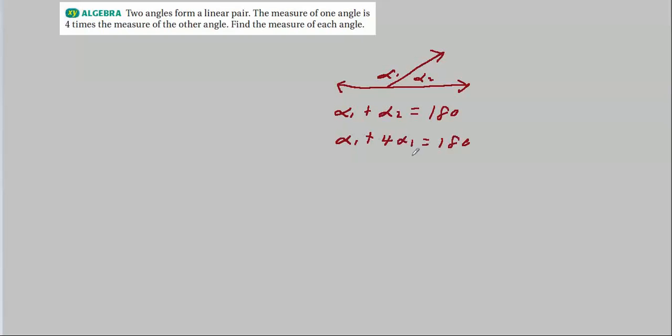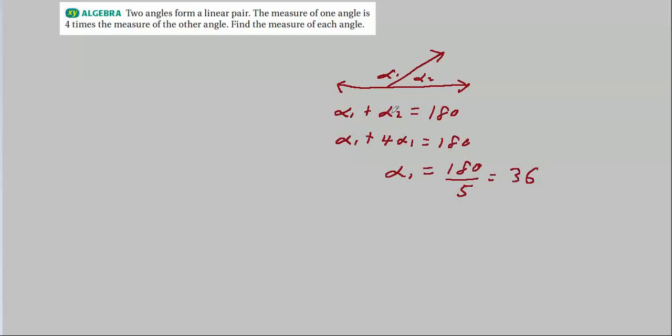180. Well, we add these up and get 5 times alpha 1 equals 180, or alpha 1 equals 180 over 5, which I think is 36. That's alpha 1.